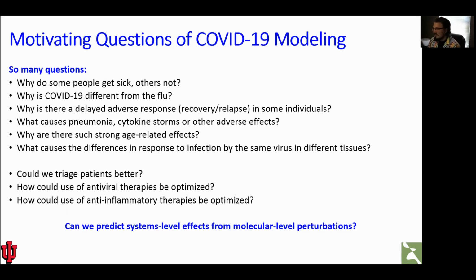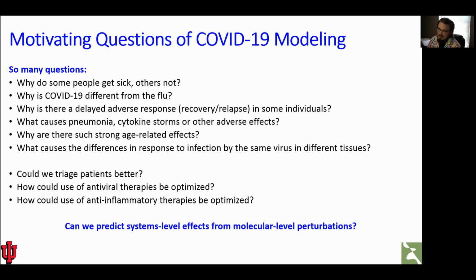We also seem to not really understand much about age-related effects and how that contributes to determining patient outcomes, as well as the spatial differences between different regions of tissue, say where infection either begins or where it progresses to.